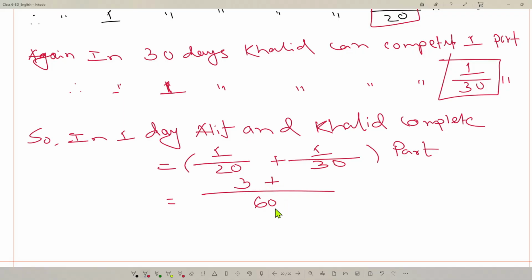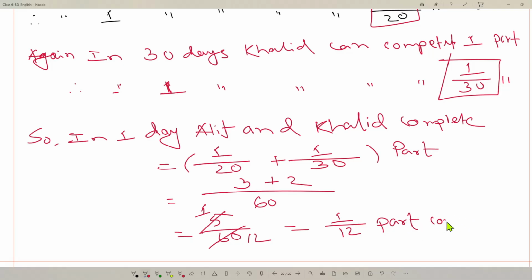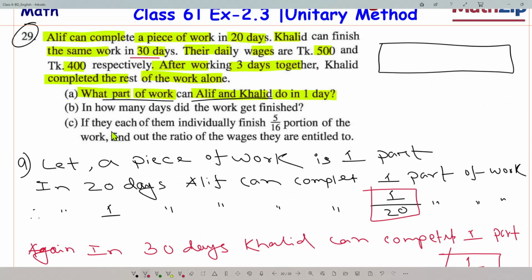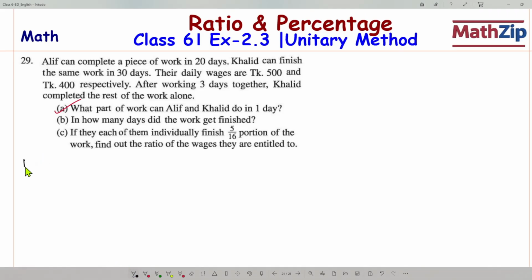So here is 3, and 60 divided by 30, it will be 2. So answer is 5/60. So 1, and here is 12. Once you divide this fraction by 5, so 1/12 part complete in one day. Okay, so number A done. Number B, in how many days did the work get finished?